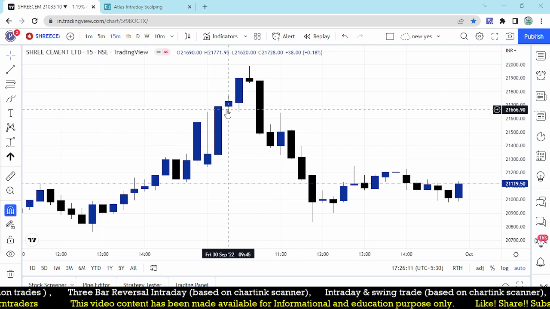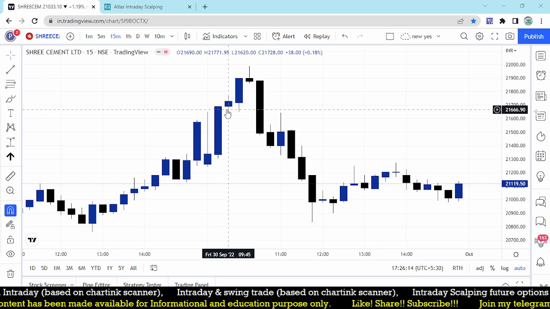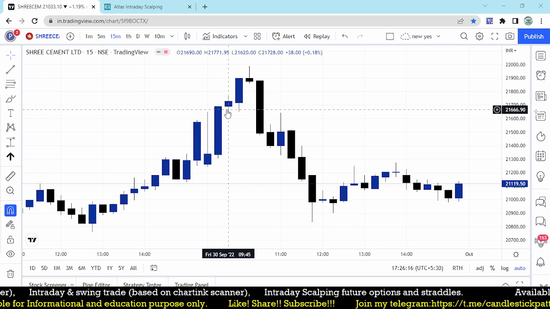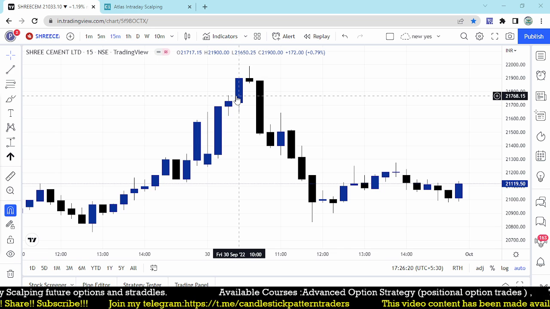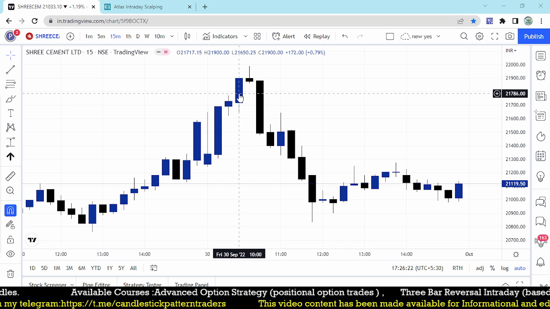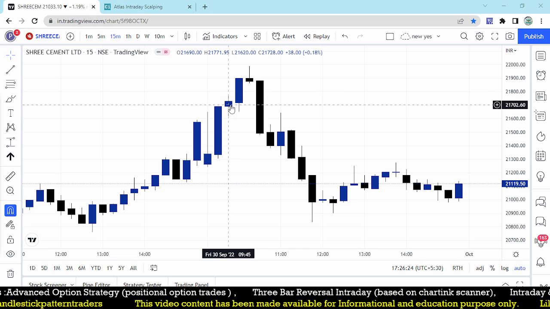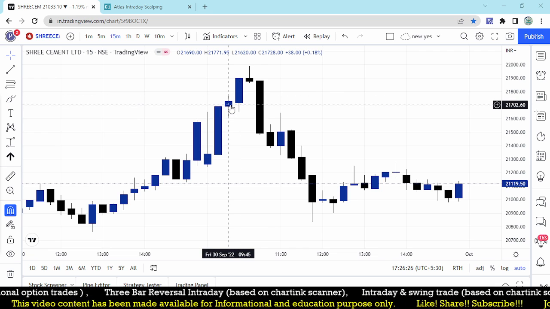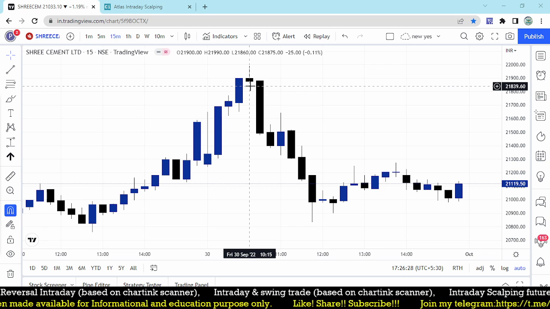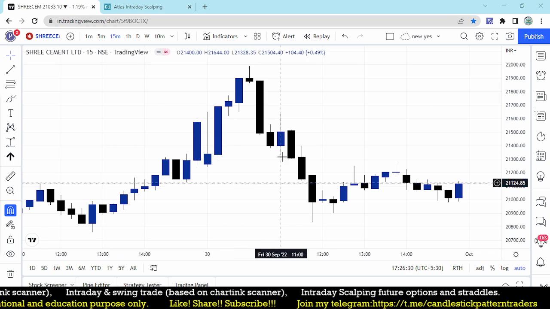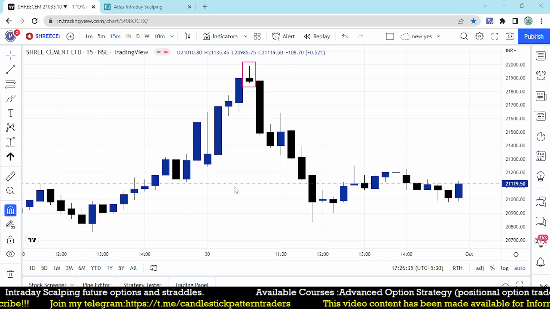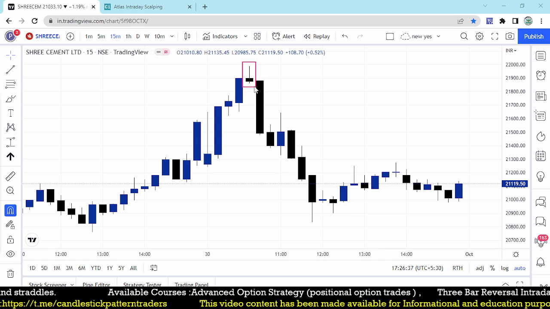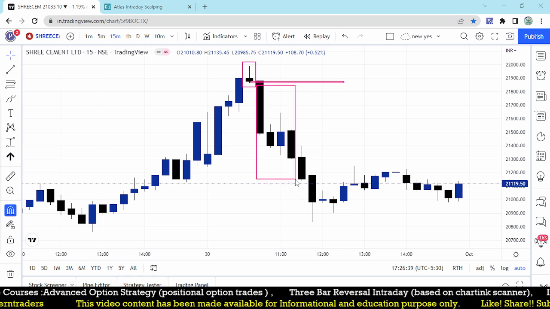But if you are taking a risk of 150 points, once its high is 21,770 and then it went up to 21,900, almost 1:1 target got triggered. But it is the candle where it happens at the day's high, and there is a huge chance of reversal that is happening finally.